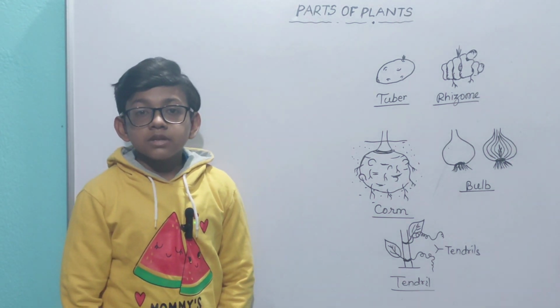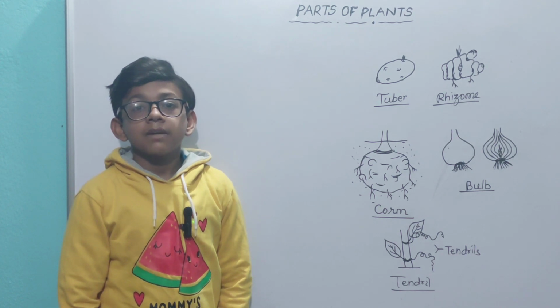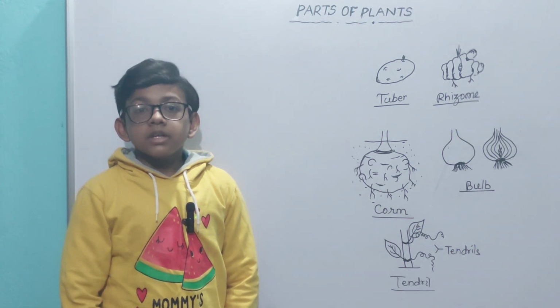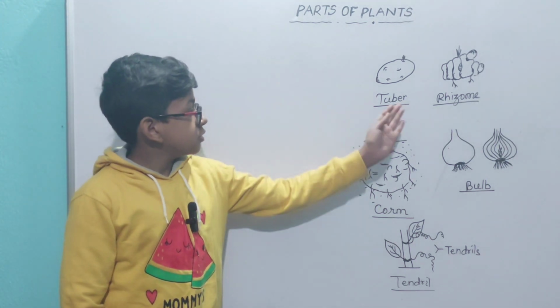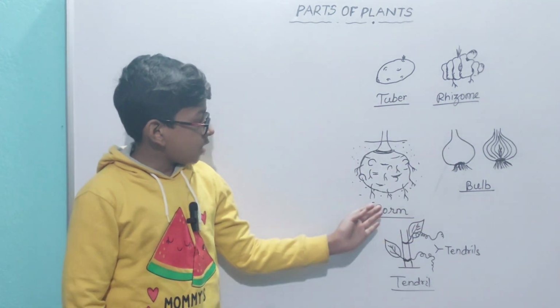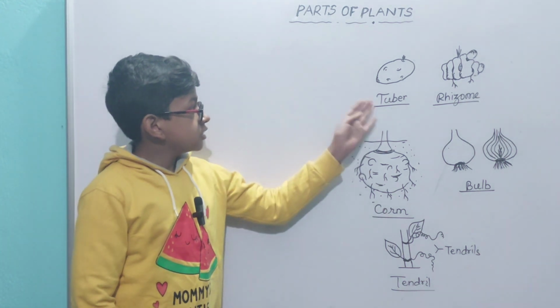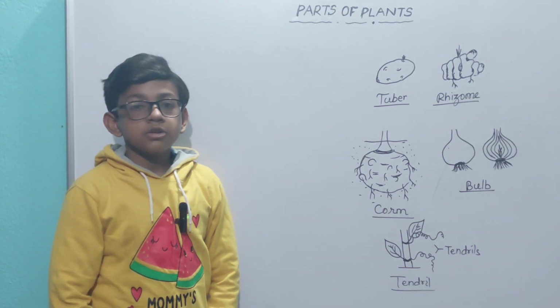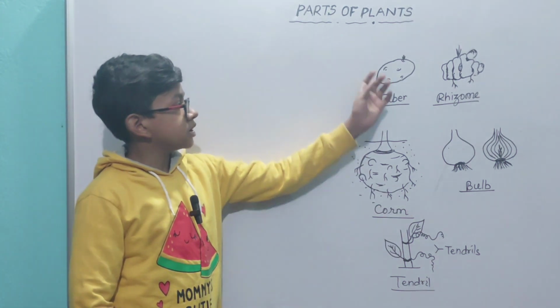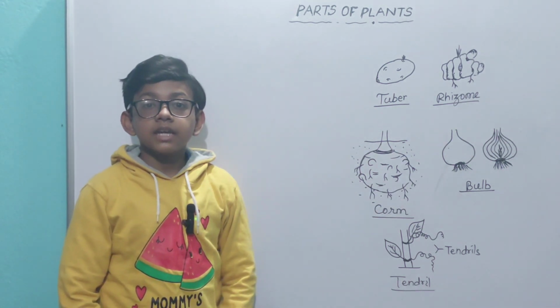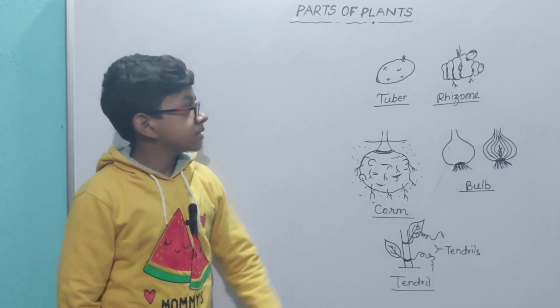The stems which are modified for storing food can be categorized into four types: tubers, rhizomes, corms, and bulbs. First of all, tubers. Tubers have a number of buds called eyes. Each eye can grow into an aerial shoot.